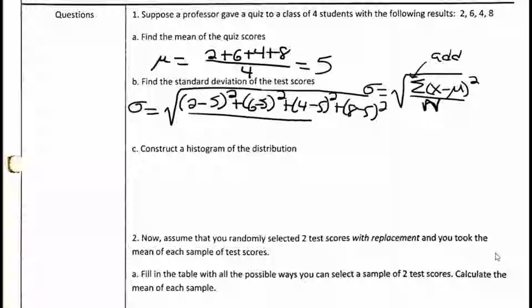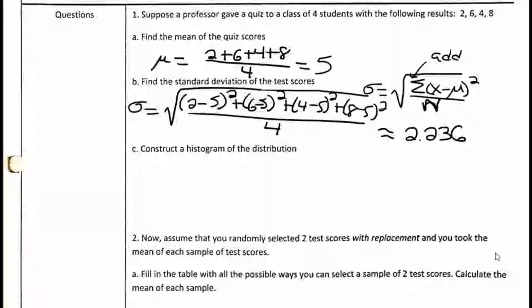And then divide that result by 4. You can also do this on a calculator, now that I showed you how to calculate this on the scientific calculator. But you would get 2.236.